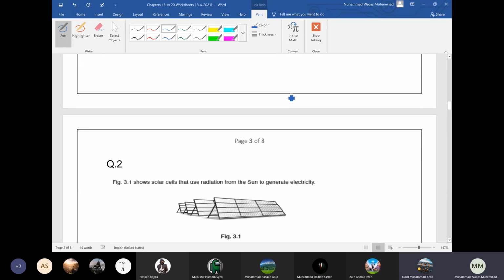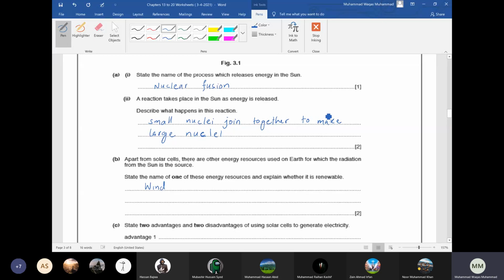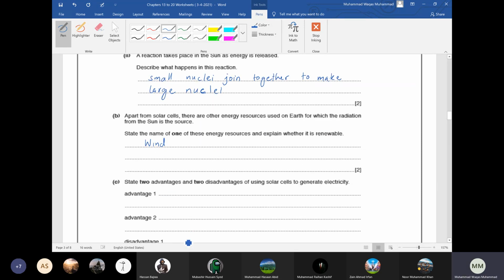Geothermal, tidal, nuclear. So how can you write geothermal here when they say the radiation from the sun is the source? For geothermal, the sun is not the source of energy, beta. For geothermal, nuclear and tidal. Okay beta. So beta, wind energy, we can write wind energy.